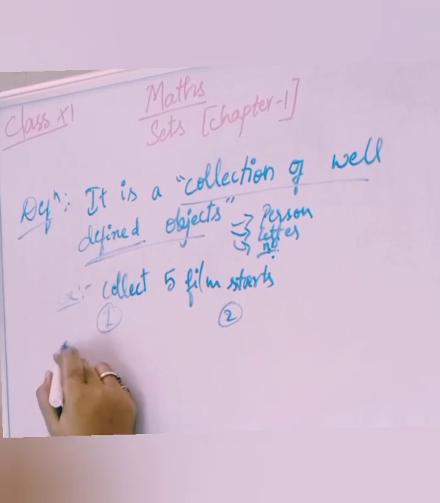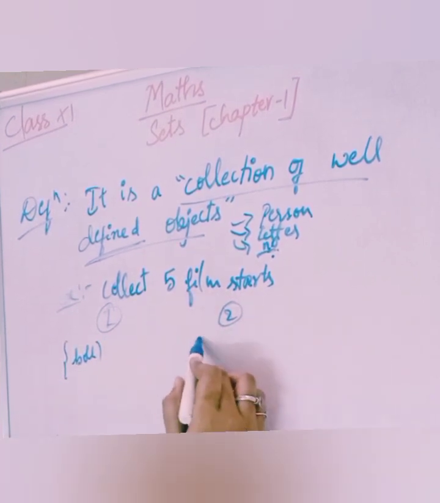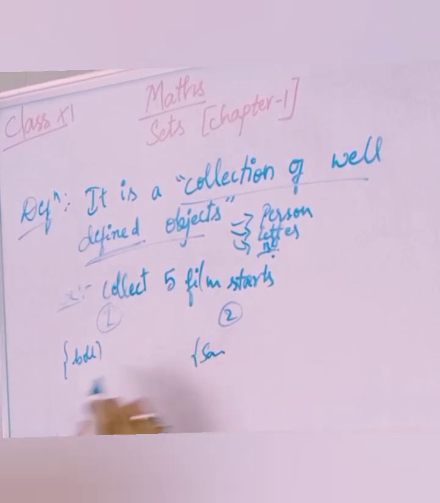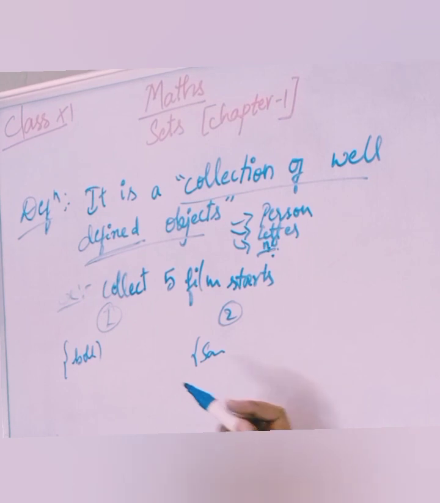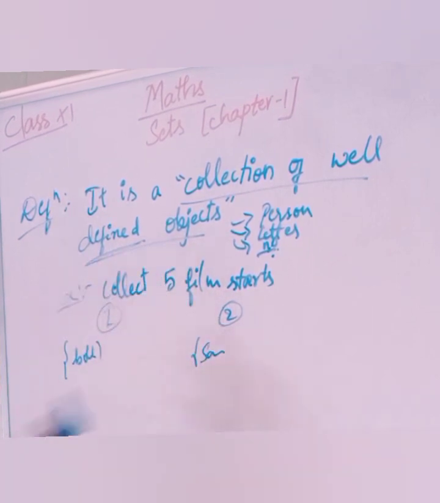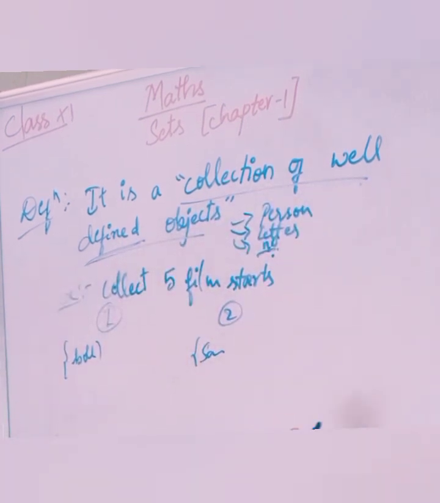Person 1 may collect any 5 Bollywood stars, and another one may collect Sandalwood stars. Is it the same? No, it's different. That means well-defined objects should not vary from one person to another. It needs to be equal. If it's not equal, we won't say that is a set. If it's equal, then only we will say that is a set.